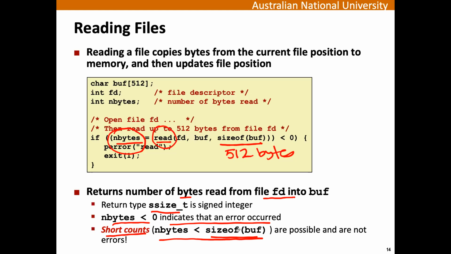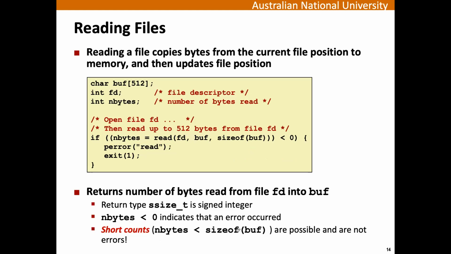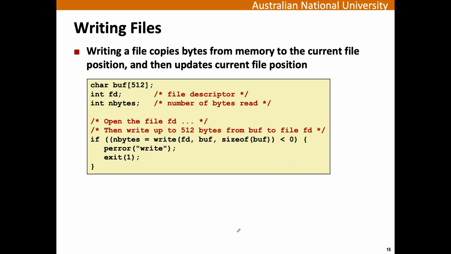And the programmer has to check if something went wrong and there is a need to make the read system call again to get the remaining data. So we will come to short counts in a little bit.